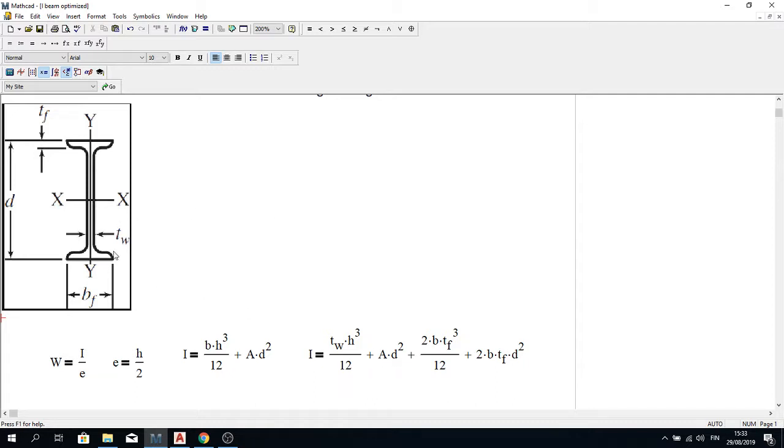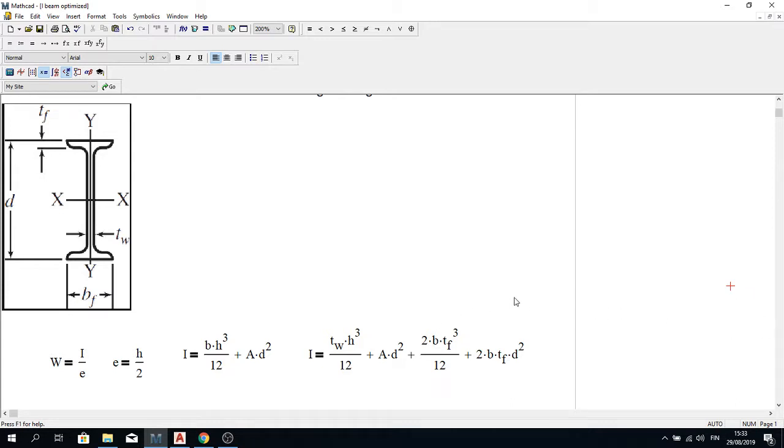Both of them lie in the same point, so d will be 0. And in case of flanges, there are two flanges, upper and lower, so 2 times b, the breadth of the flanges, times the height of the flanges to the power 3 divided by 12, plus area. There are 2 flanges, so 2 times b times tf times d squared.